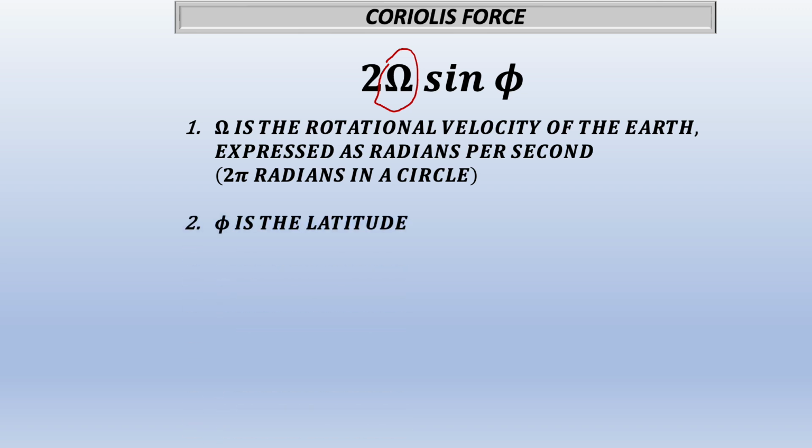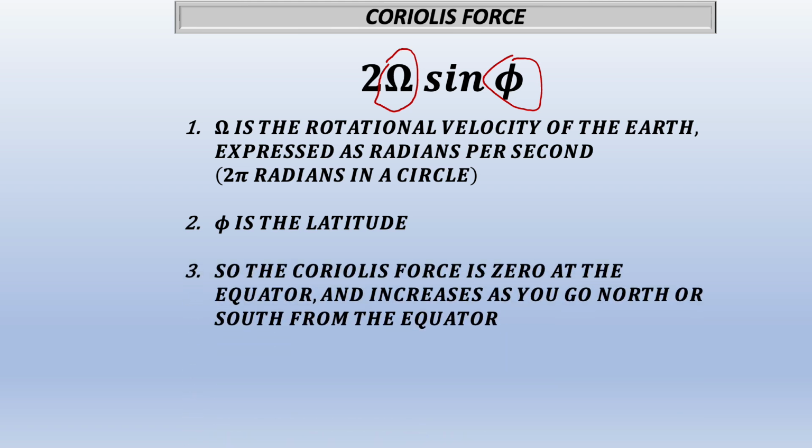Then, phi, which is over here, is the latitude. Well, the latitude is 0 at the equator, and it's 90 at the North Pole. So the Coriolis force is 0 at the equator because the sine of 0 is 0, and it increases as you go north or south from the equator.